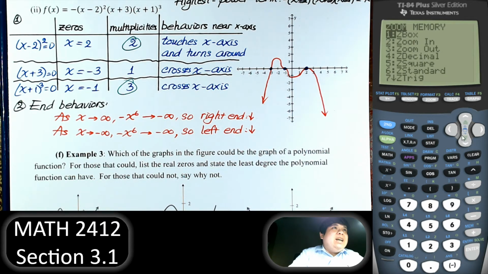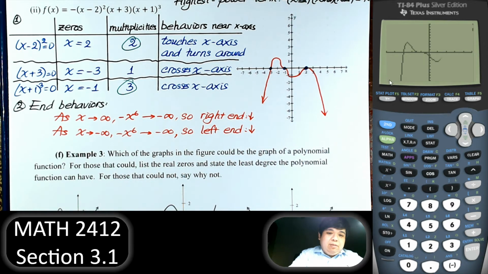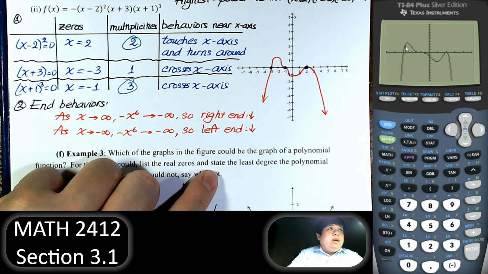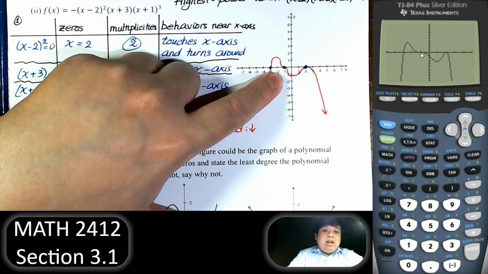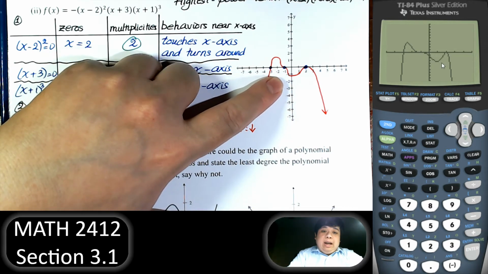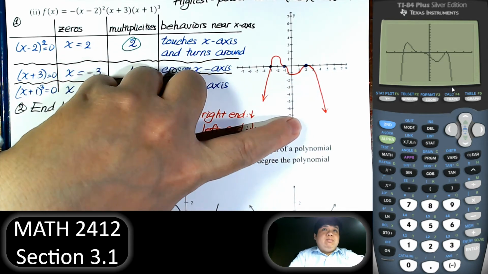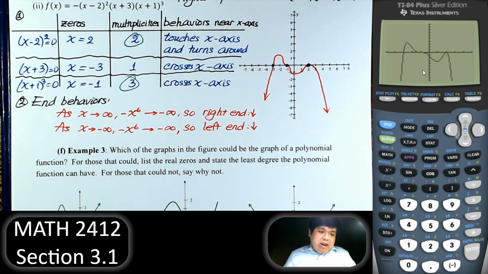So let's zoom. Let's change the window. So as you see, it goes down on the left, down on the right, and hits the -3. And then when it hits the -1, it will be flat, but it will go through it. And then when it hits the 2, it bounces and goes down. Right, so that's what we have.